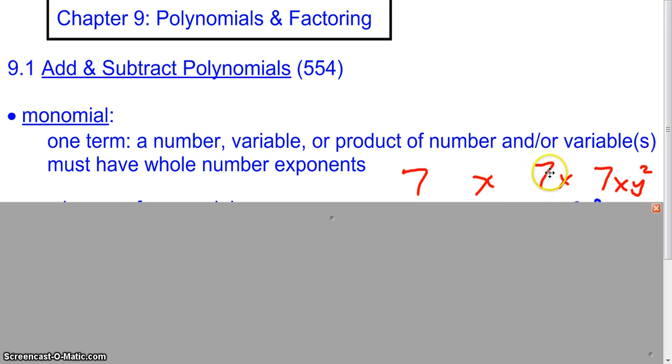Could we combine 7x and 7xy squared? Could we combine those two? Are they like terms? No, they're not, because they have a different pair of variables, right? This has just an x, and this has 7xy squared.